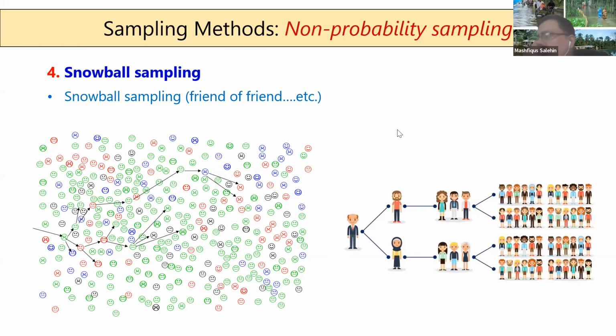It's very difficult to identify or get a list of your population from which you can get your sample. So in that case, you start with a primary data source, one person, and then you ask him or her your questions, and then you ask him or her for other contacts.